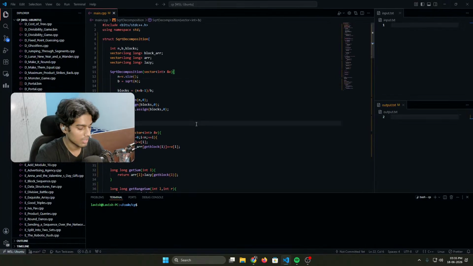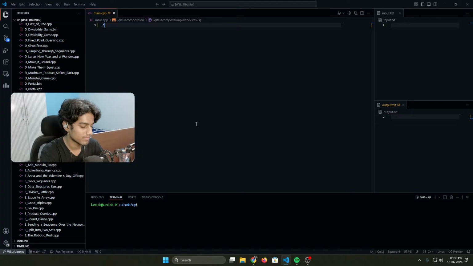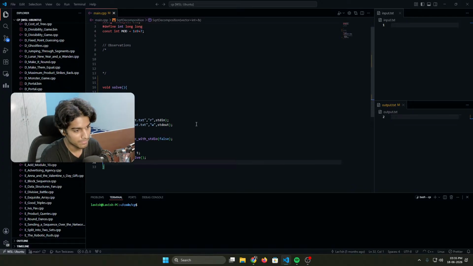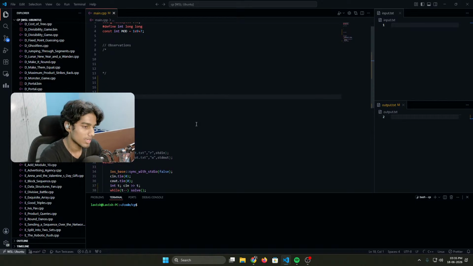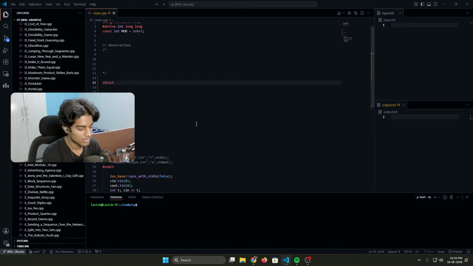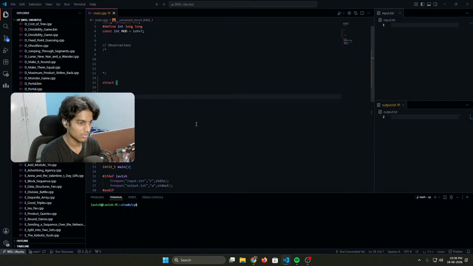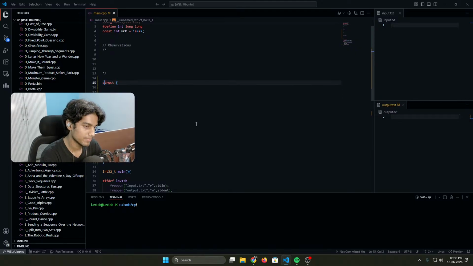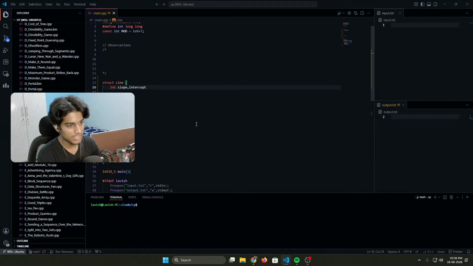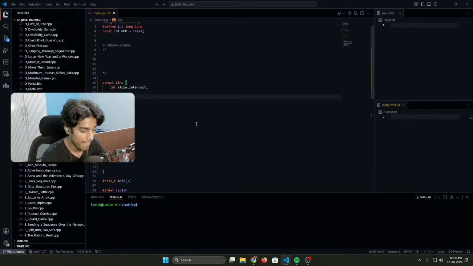Let's do it. Let's go with a structure. Okay, so let's name it line. Now our line has a slope and it also has an intercept. And these two things can uniquely define a line. Let's create a constructor, so when I create a line, I will give both of these things.